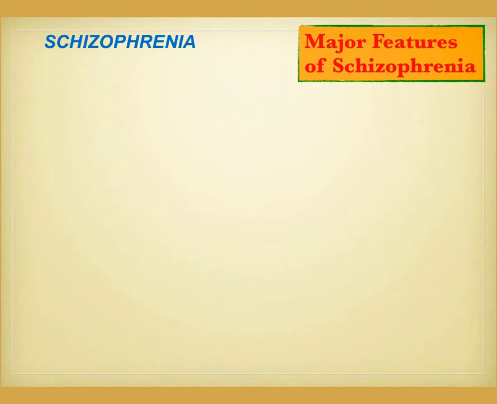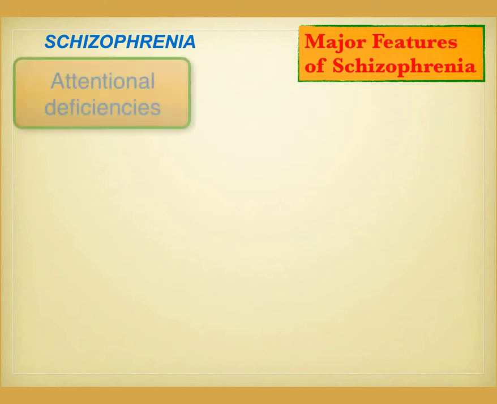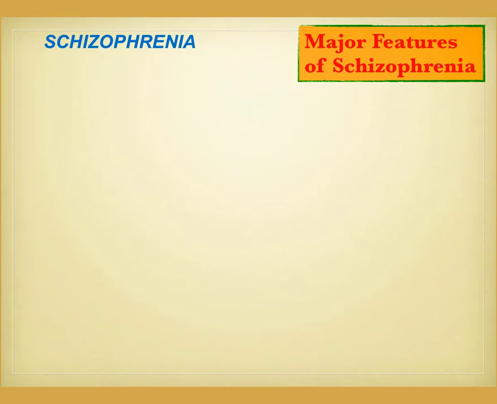Carrying on with major features, we can get into attentional deficiencies: being able to focus and pay attention to relevant stimuli in normal expectations. With schizophrenia, there's a breakdown in the process of attention, and people are very easily distracted by other and varied stimuli.